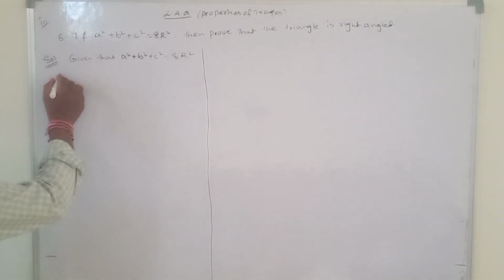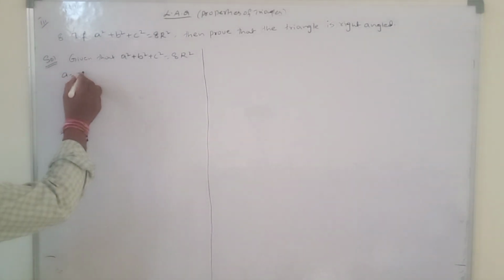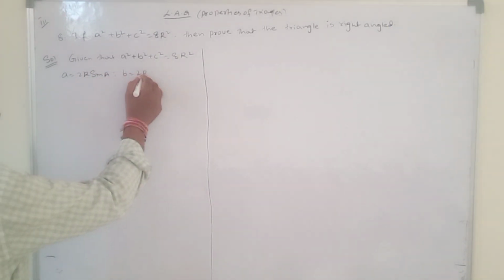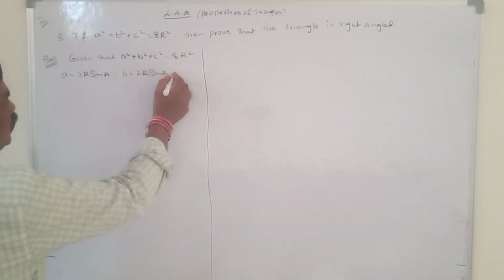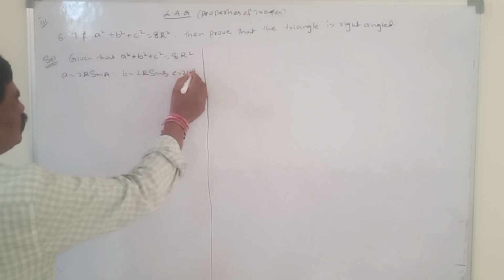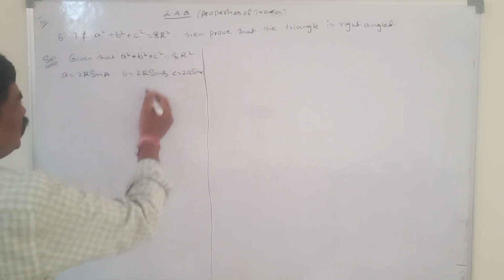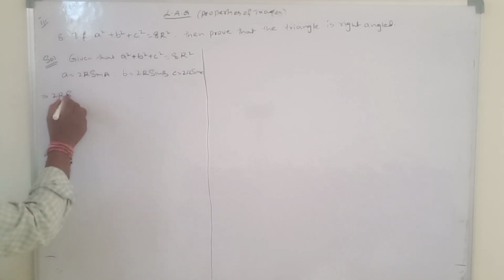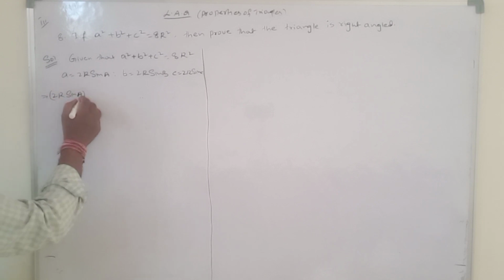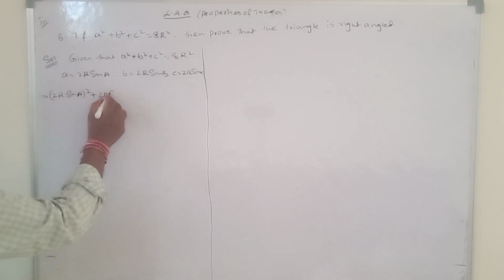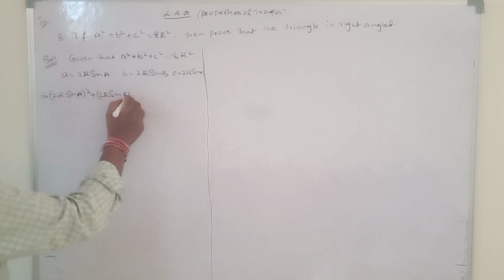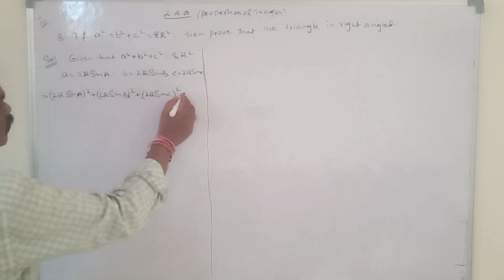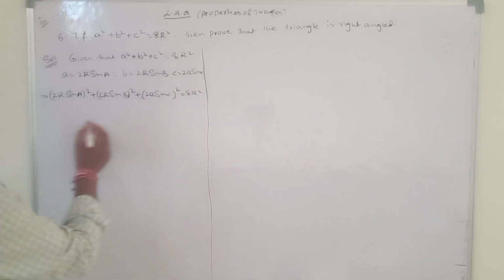So we know the sine rule: a is equal to 2r sine A, b is equal to 2r sine B, c is equal to 2r sine C. You have to substitute here. That is (2r sine A) whole square plus (2r sine B) whole square plus (2r sine C) whole square is equal to 8r square.